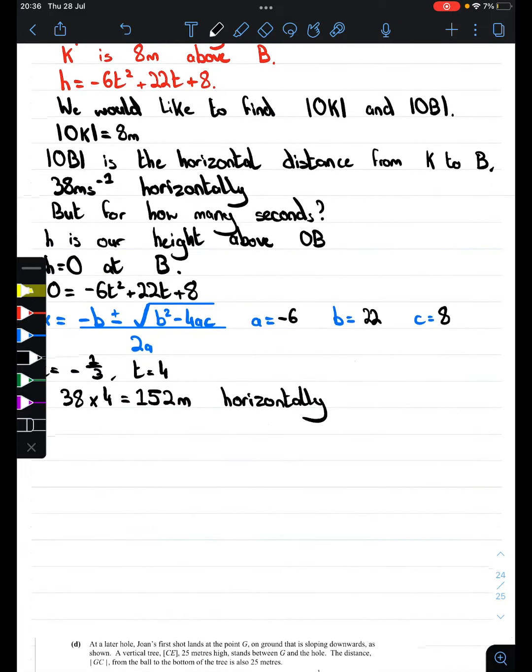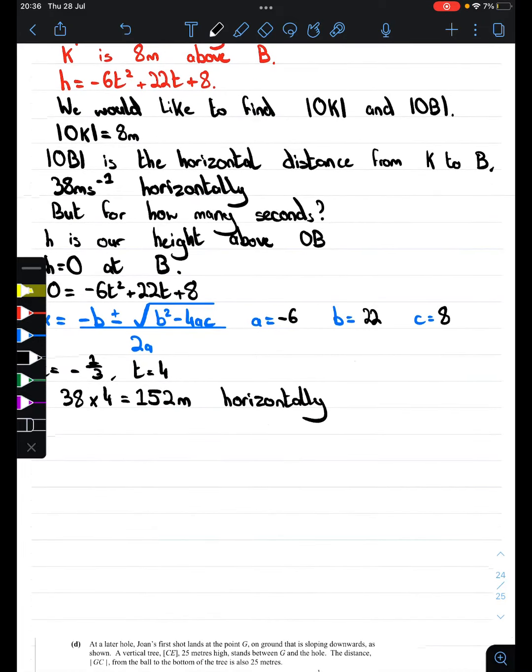And finally, hence or otherwise, find h. Well, how could we go about finding h in this diagram? If we found the length CD, then we would be able to get h, because we have a formula including CD and h.